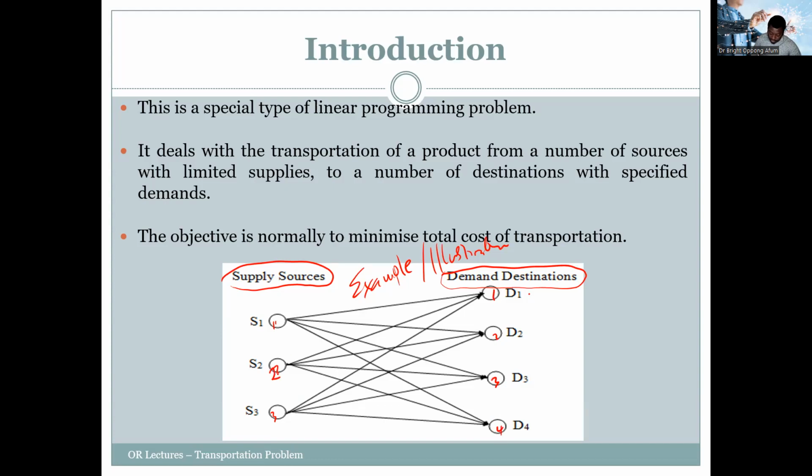Again, it can move from source 2 to the various destinations, or 3 to the various destinations. So if we know the various demands, how then should we transport the material, which route is the best, and how should the distribution be done? That's how we have the transportation problem.